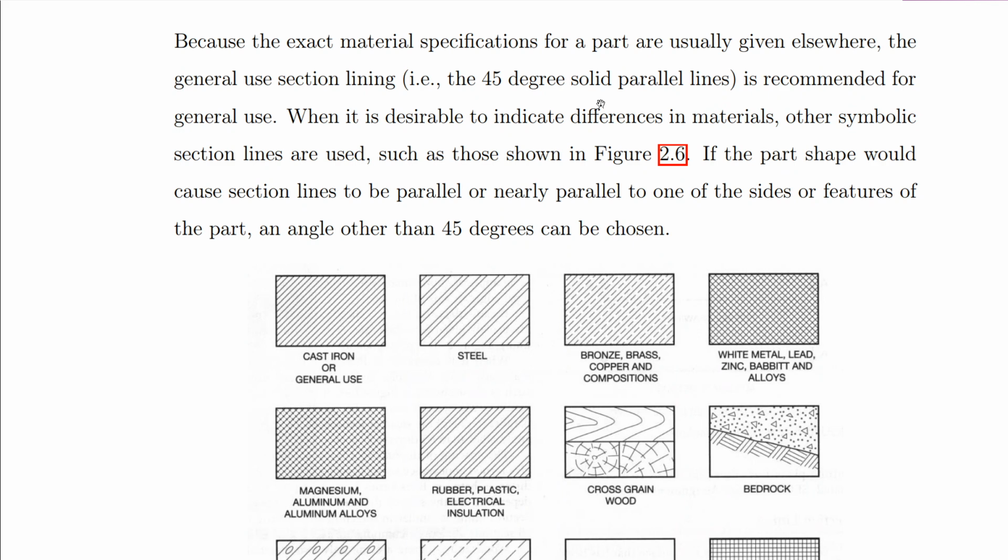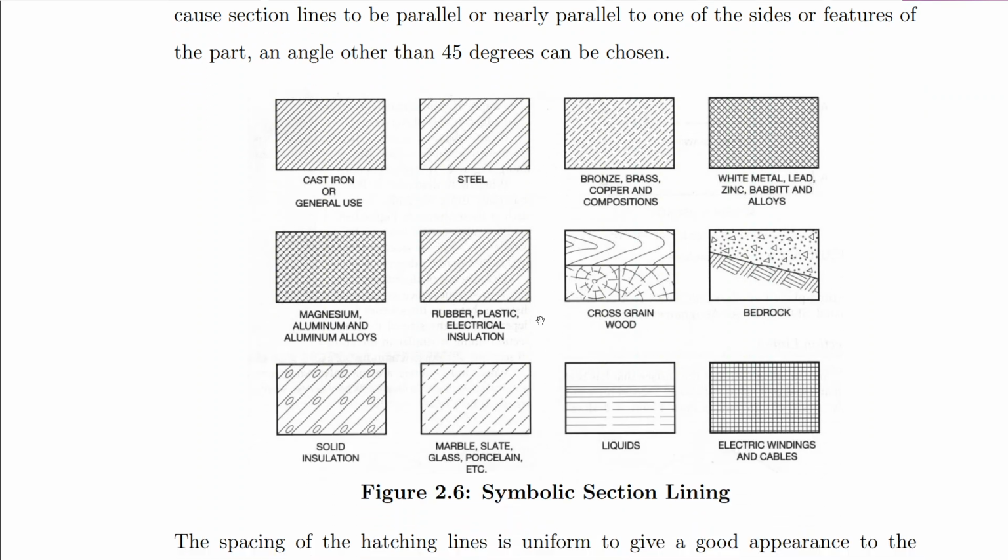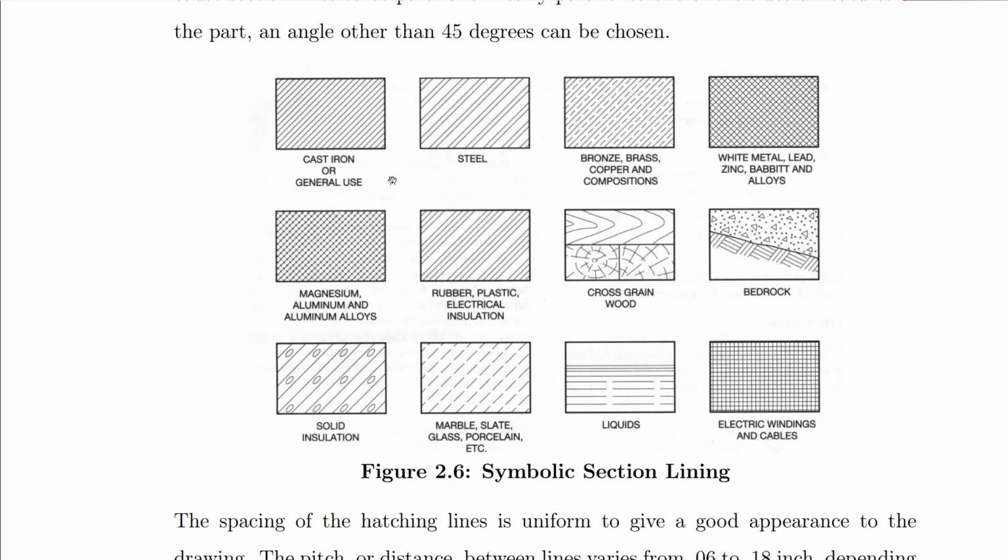When it is desirable to indicate differences in materials, other symbolic section linings are used, such as those shown in this figure here, figure 2.6. So here, based on the material, assuming you want to differentiate between different types of materials, maybe there is a particular system that has been built, and it's made of different parts, and the parts of different material, and you want to differentiate between the various materials in your section, then you have to go according to these symbols that we have here.